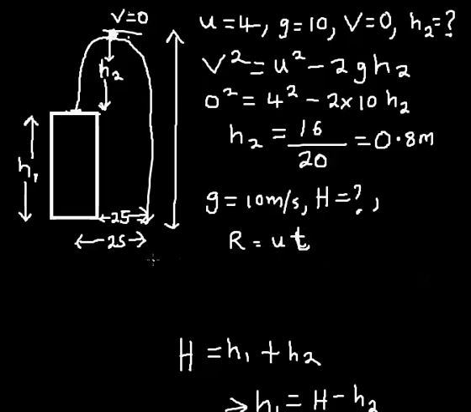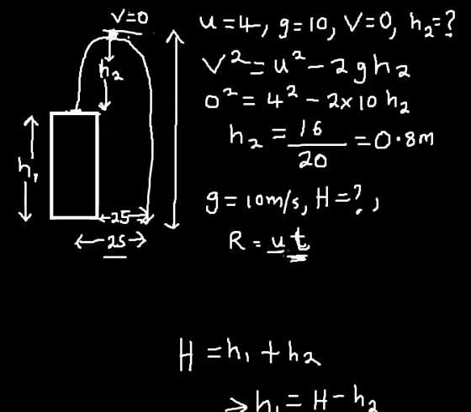Of course, we have already gotten our range, which is 25. So invariably now, our range is 25. I need to actually get the time for this object to move all the way from here to here.